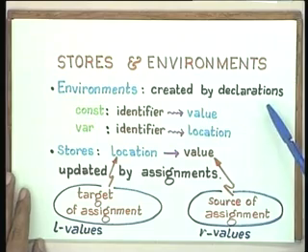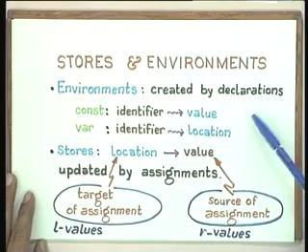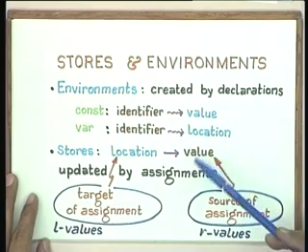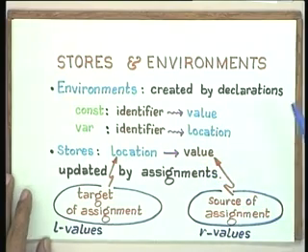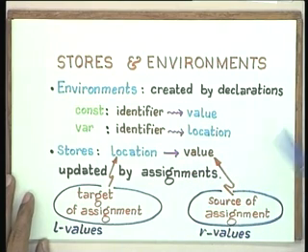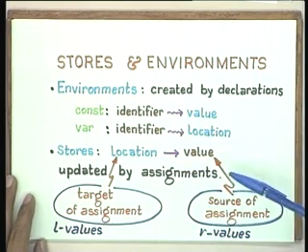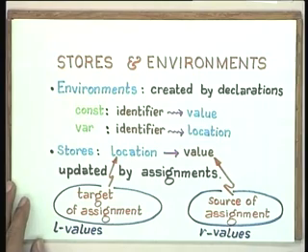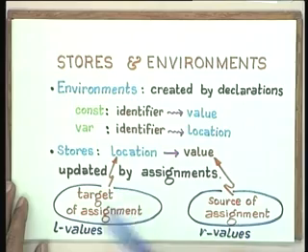Going quickly through it, we will assume that we will have environments created by declarations and stores will be updated by commands. The most important command which actually allows the updating of stores is the assignment statement, either in explicit or in some implicit form, which has a target and a source.